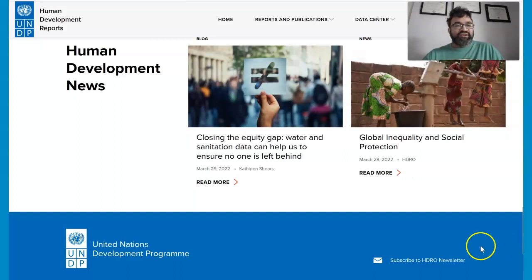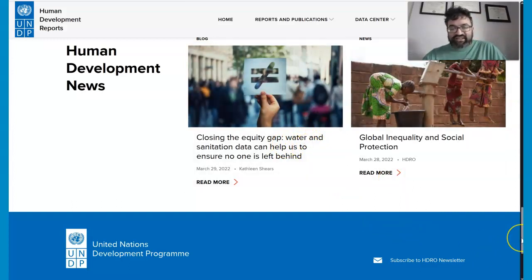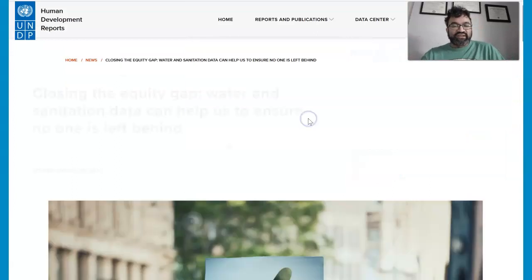For instance, this one on closing the equity gap with water and sanitation data, which can help ensure no one is left behind. And then global inequality and social protection.